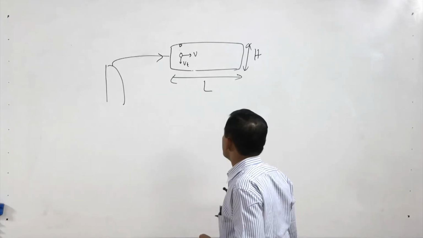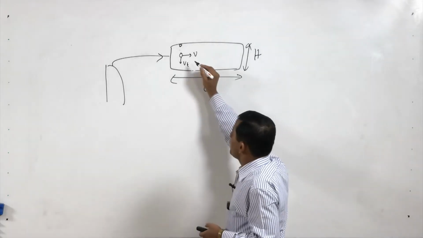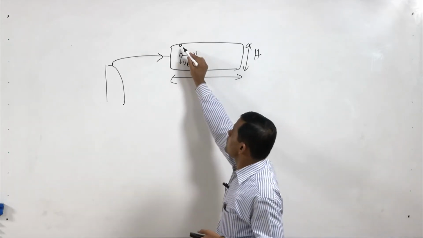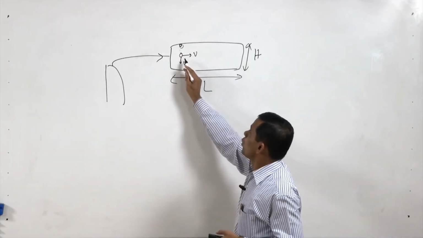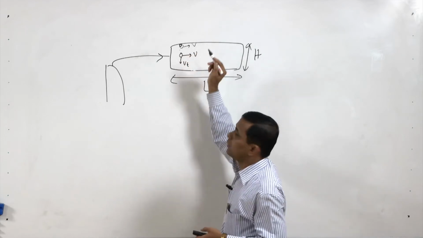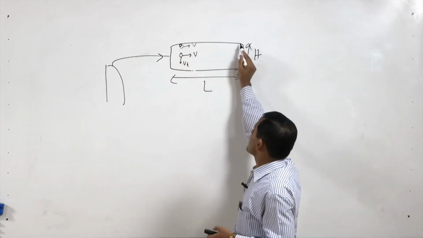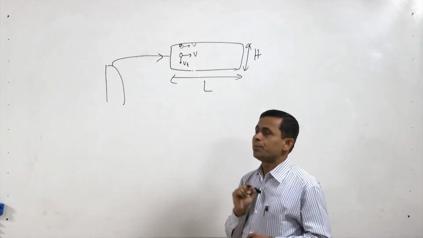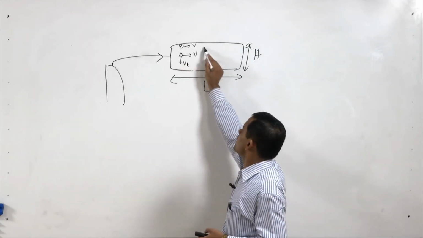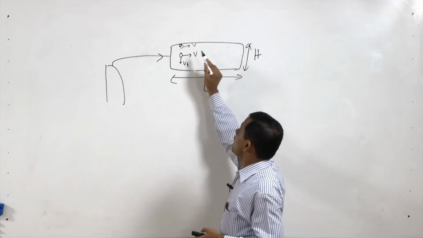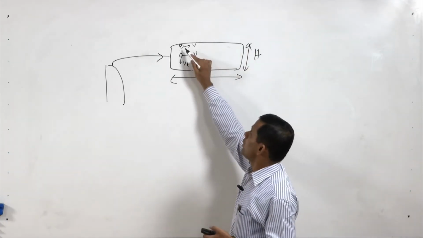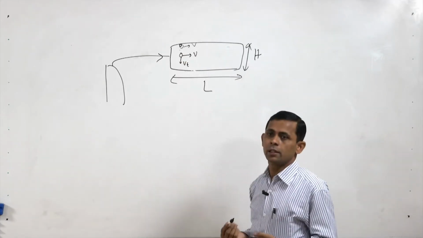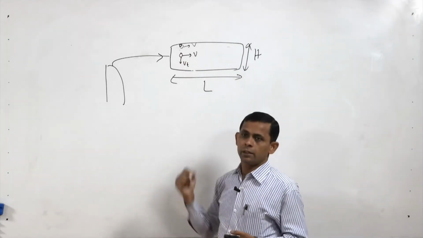Now, if a particle is present here and another particle is present here, both have velocity V, and the maximum distance is h. If we provide a certain time in which this particle moves a certain distance in this direction, and during that time it also travels across the vertical direction a distance h, then this particle will be separated.